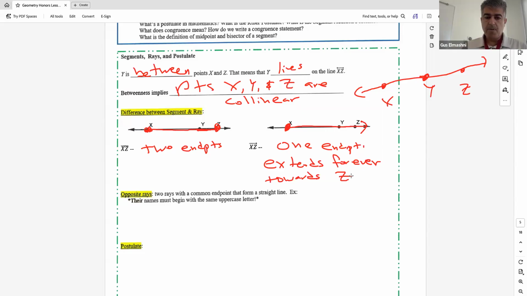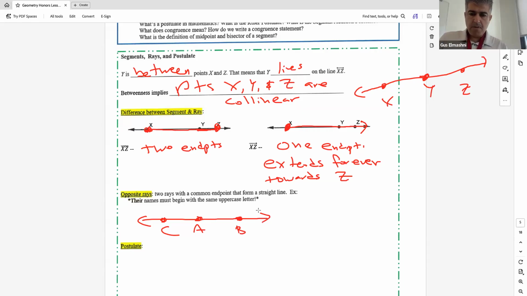Opposite rays. The rays with a common endpoint that form a straight line. So it could look like this, for example. Say this is A, and that's C. So rays, actually, let me do the symbol instead.